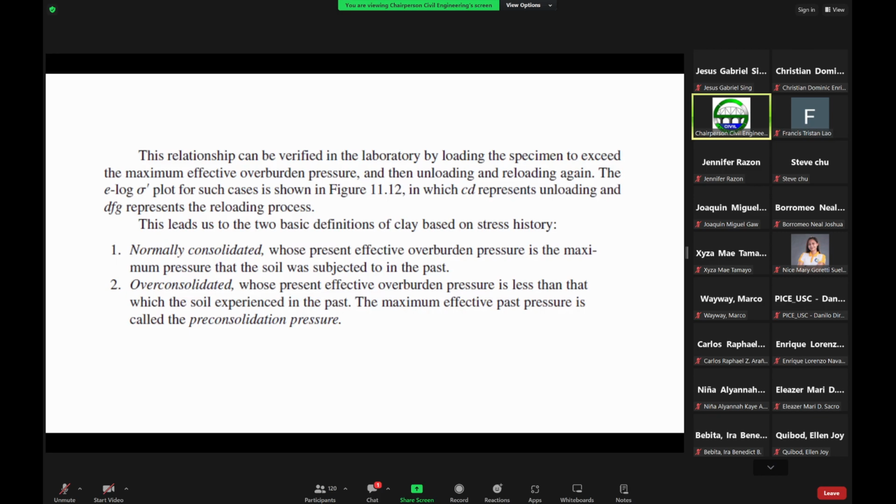Now again, to determine between normally consolidated and over consolidated, we need to know the OCR value, or the over consolidation ratio, wherein you will have the formula for that in a while.